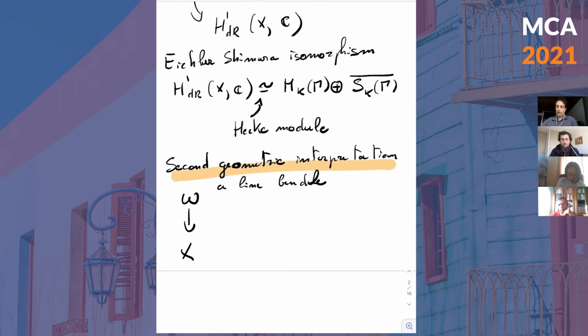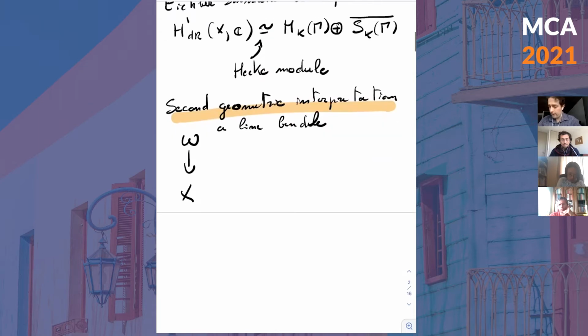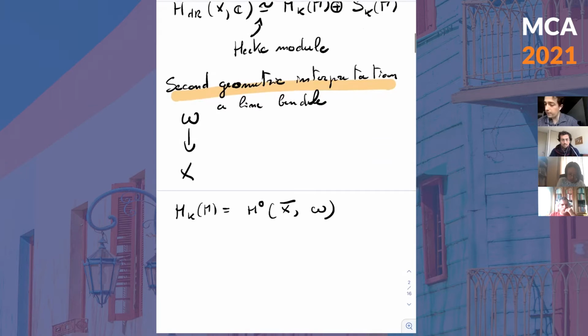So it's literally something that is locally X, such that I can write M_k(Γ) to be the global sections of the sheaf omega over X bar, where X bar is a compactification of X. The problem is that X is an open curve somehow. It's missing some points, so I compactify, I extend my line bundle there. And modular forms can be interpreted as sections of this.